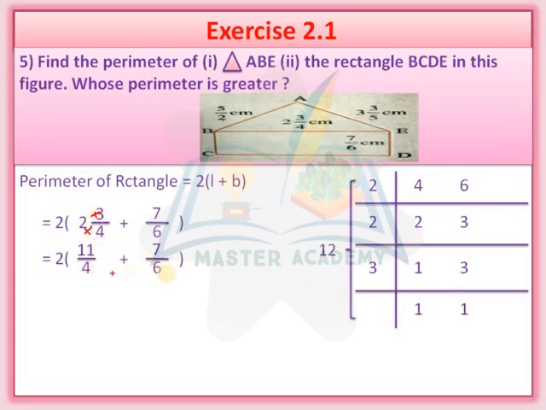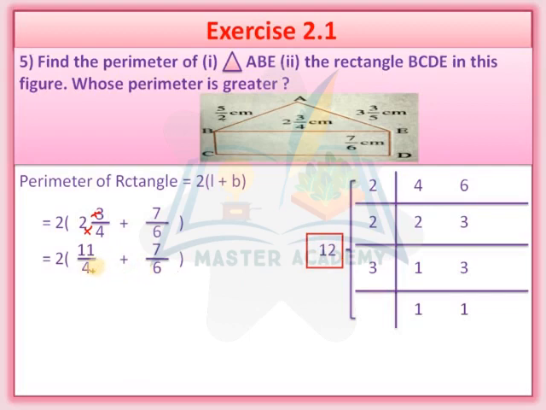Okay, now 4 and 6, both the denominators are not the same, so we find the LCM. So the LCM you got, beta, is 12. Okay, right? Now we are going to make the same denominator, 12 only.